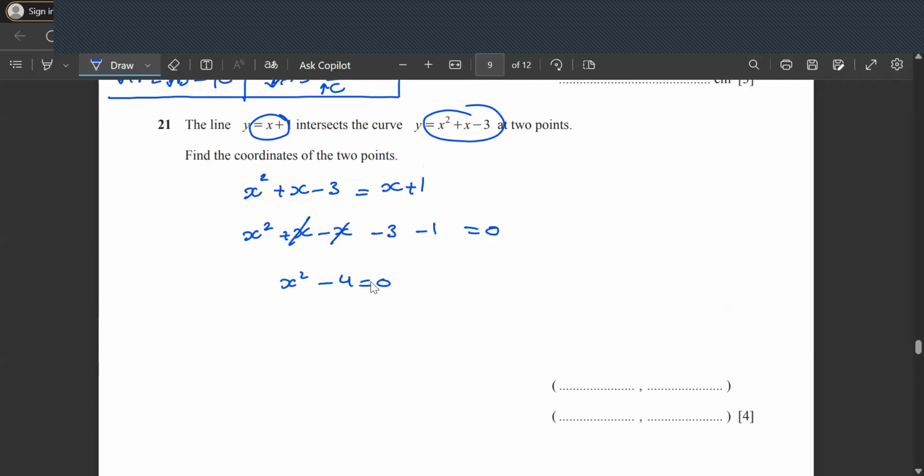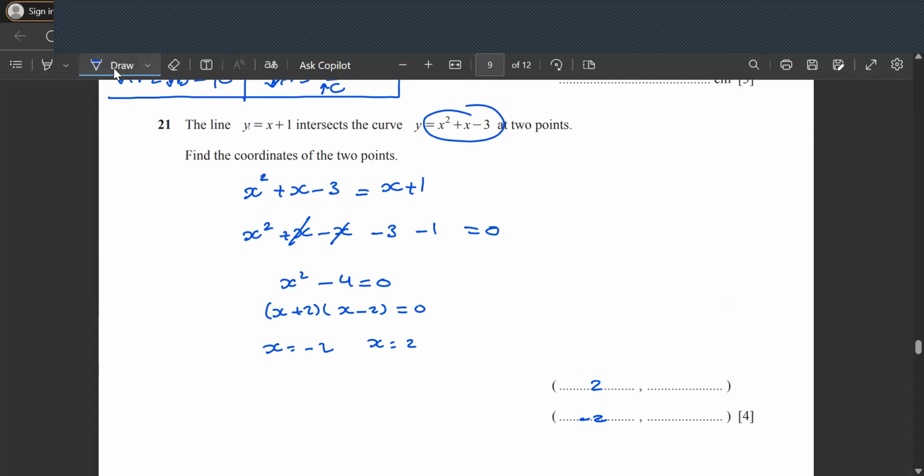How to finish this? Factorize. I can factorize easily: x plus 2, x minus 2. So here x equal negative 2, and here x equal 2. Then substitute where?